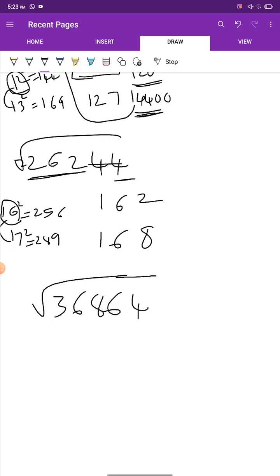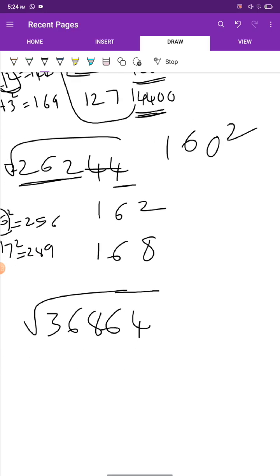To appropriate our answer, let us check the square of 160. That's why I said before, we need to know the squares from 1 to 20. So that's how we could use this square root trick. So 160 square is 25600, that means 26244 is closer to 160 square.